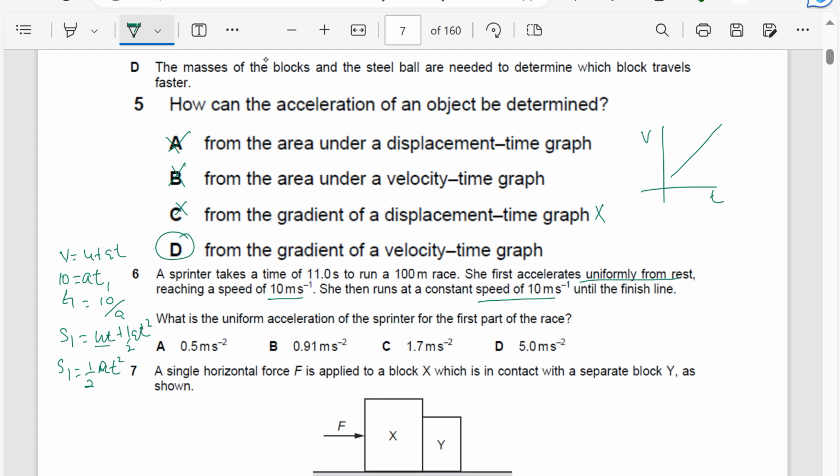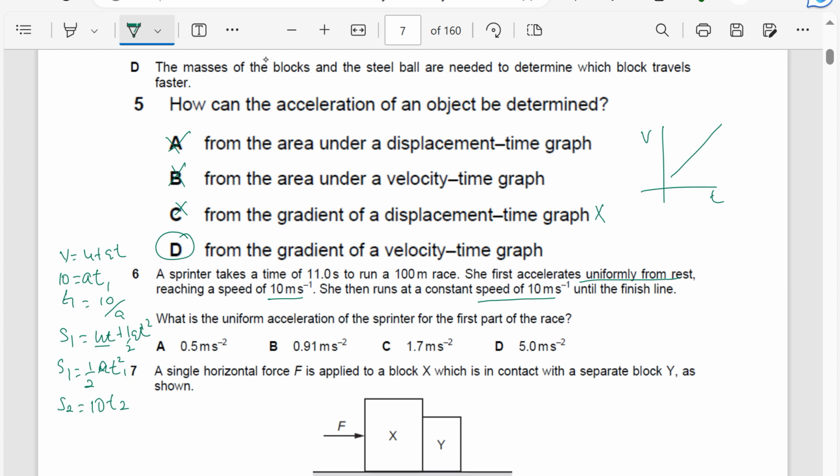Then for the second case, when she runs with a constant speed, I'll call that distance s2. For this, I will just use speed times time since it is constant, so it is just 10 times time, which I'm calling t2. Let this be t1.